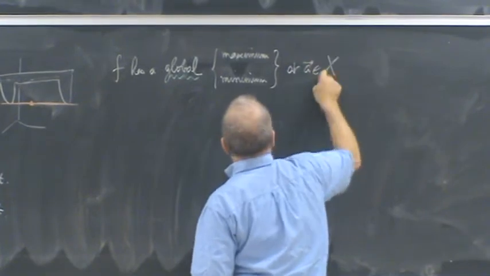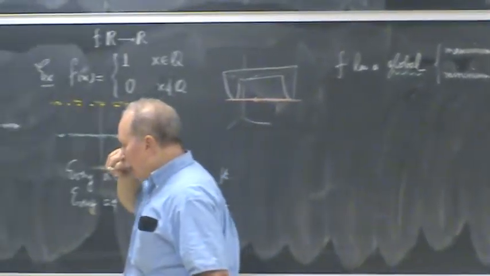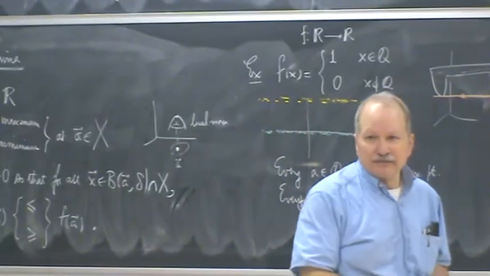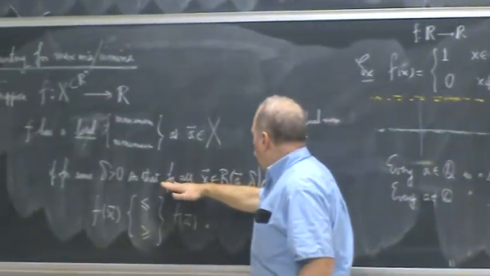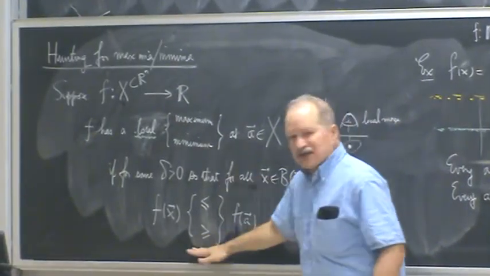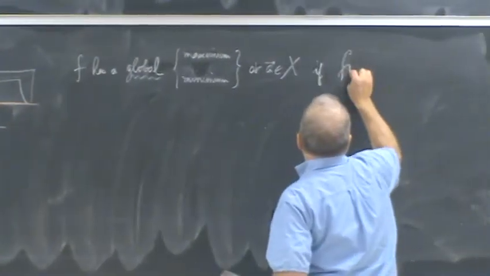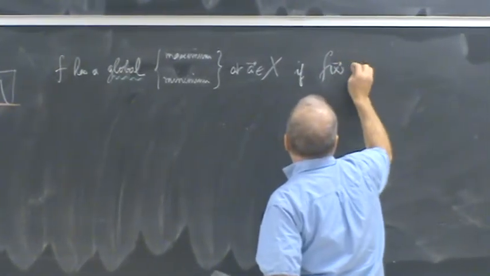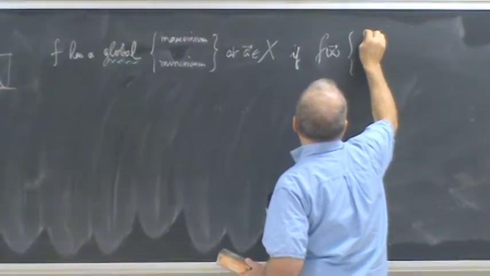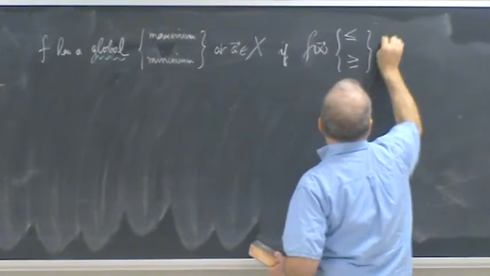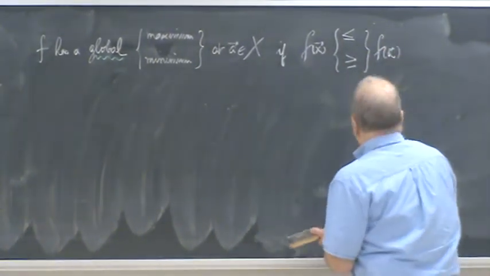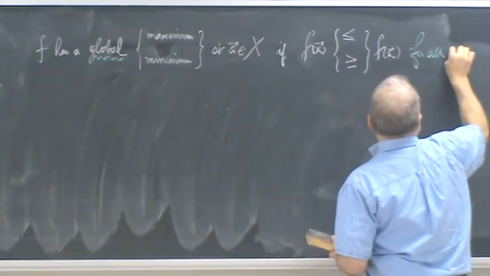So what changes? You just get rid of the ball, essentially. If for all x in the domain, this is true. So it's still less than or equal to, but now for all x in the domain.